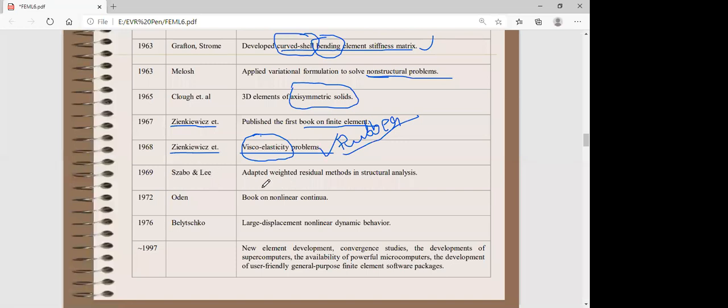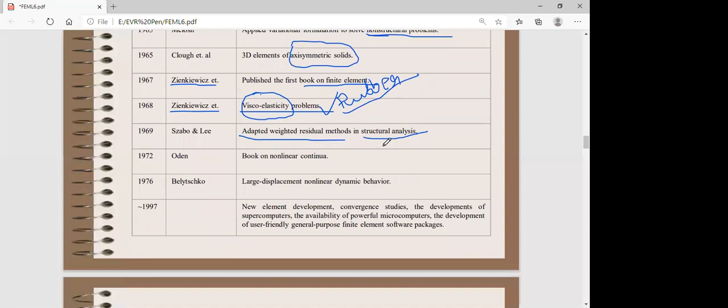In 1969, Jabo and Lee adopted weighted residual methods in structural analysis. Warden wrote a book on nonlinear continuum.